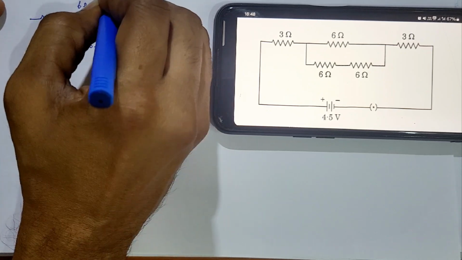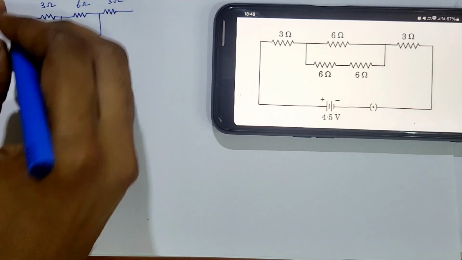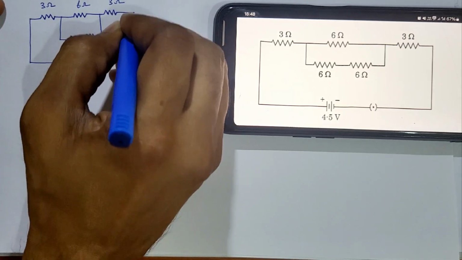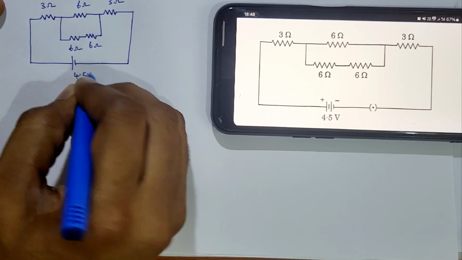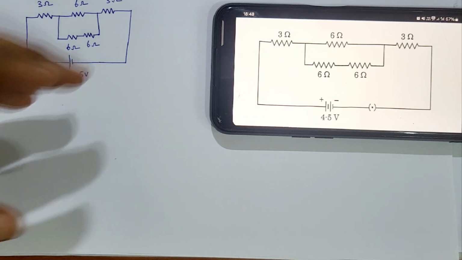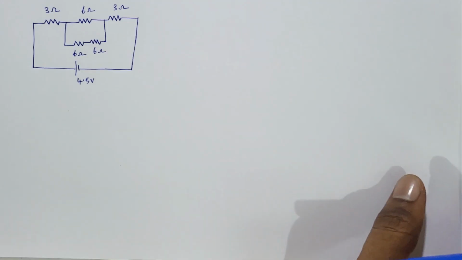This is 6 ohm and this is 3 ohm and this is 3 ohm. The total combination is given 4.5 volts. They asked us to find the resistance and the current flowing in the circuit diagram. Okay. Now let us solve this question.